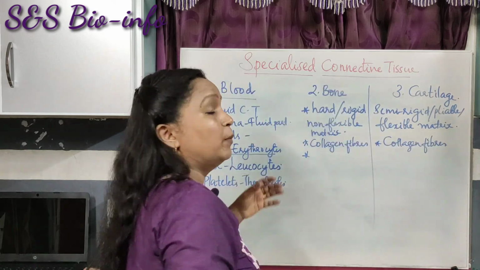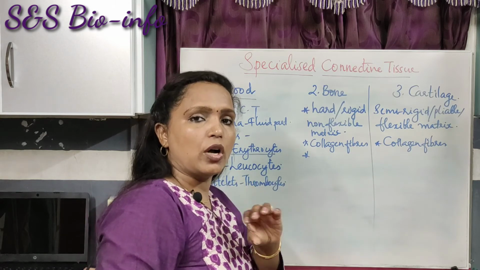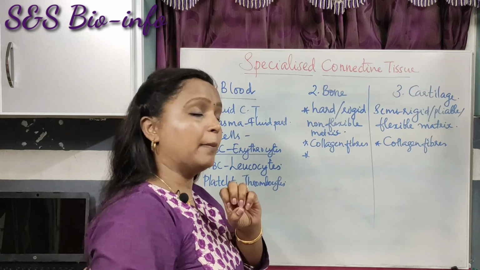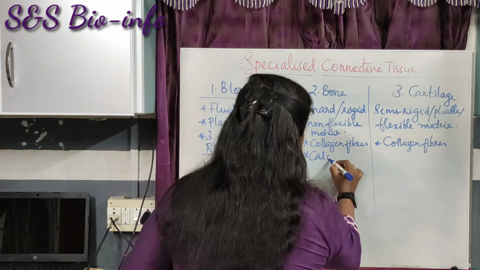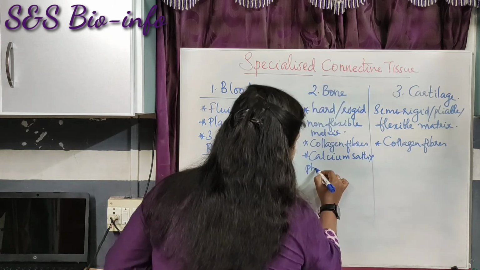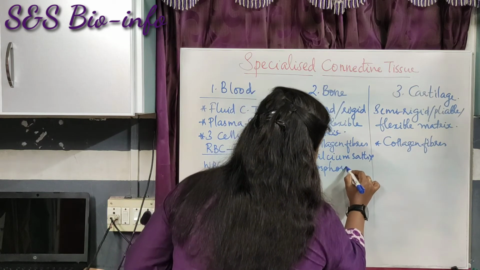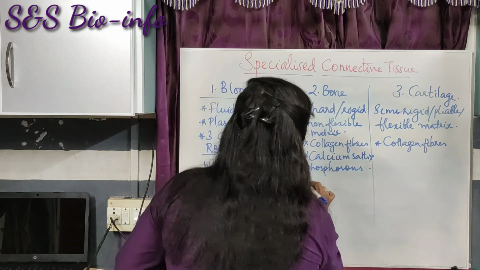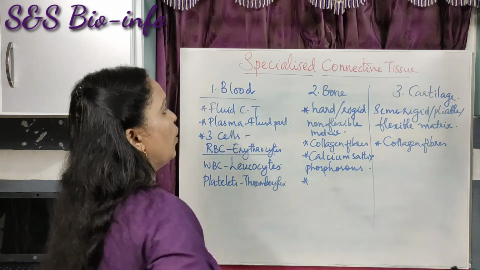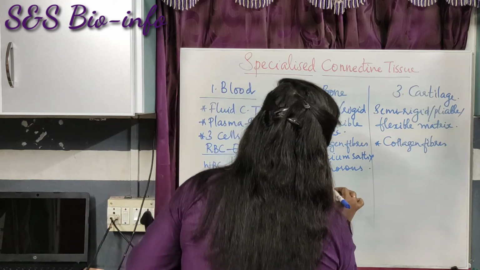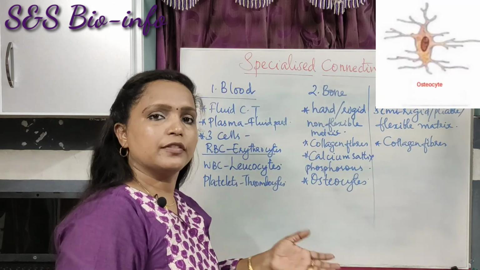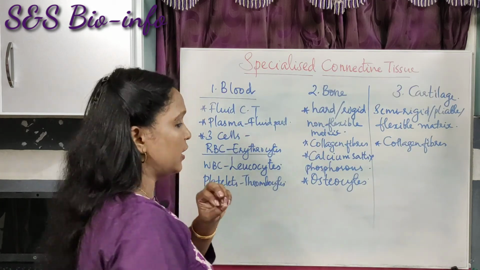Okay, the bone consists of mainly two salts, calcium and phosphorus. These are embedded in the matrix. It has a specialized cell: the bone cells are known as osteocytes. Here the matrix of the cartilage consists of sugar and protein.